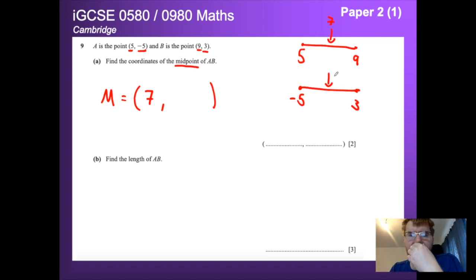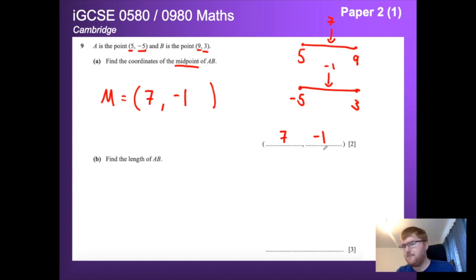Okay, and I think many of you out there will see if we add those together and divide by 2, our midpoint in between is going to be -1. There's a 4 gap in between here, and there's a 4 gap in between here. So we get our answer of (7, -1), which we can pop in here.